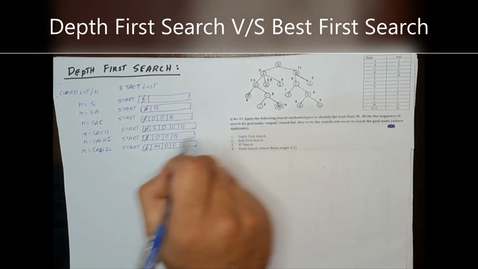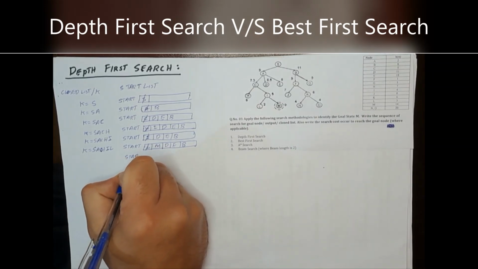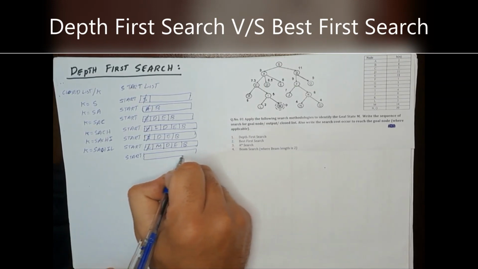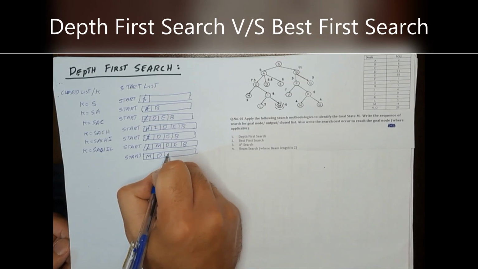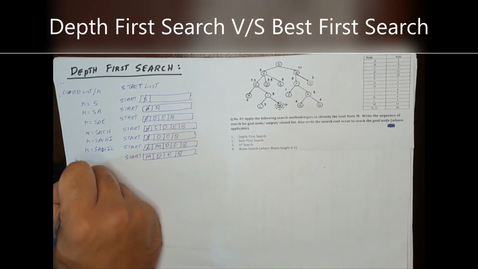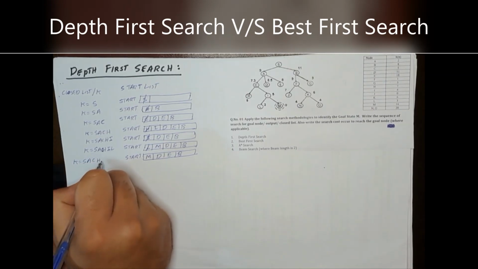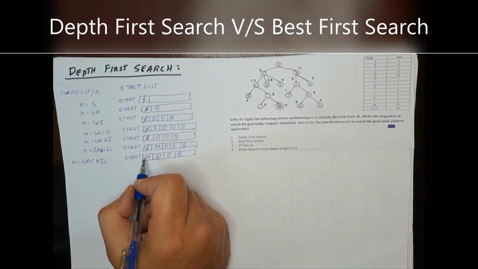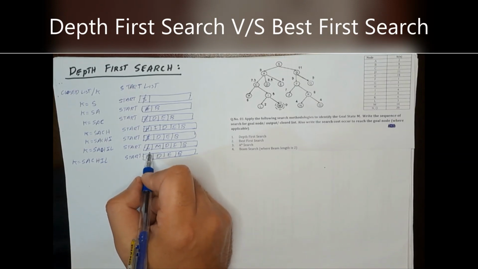No. So it means we will just take a new loop and the new values of the start list will be M, D, E and B, whereas K values will be S, A, C, H, I, L, and now the last and the first element of the start list, that is M.